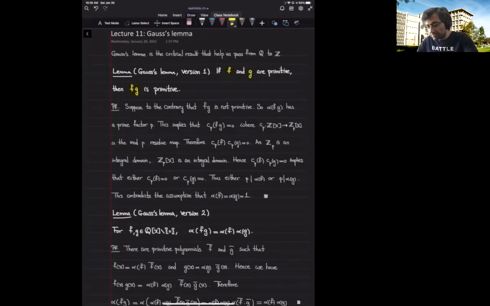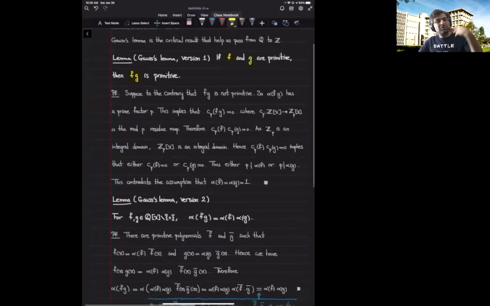Okay, let's see how the proof goes. It's a nice application of what we learned about rings of polynomials with coefficients inside integral domains. So suppose to the contrary that the product is not primitive. This means that all the coefficients have a non-trivial common factor. So that means in particular it has a prime factor.